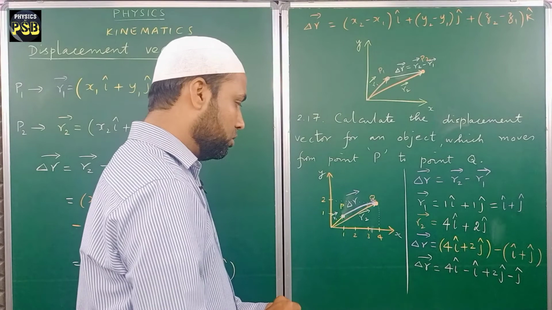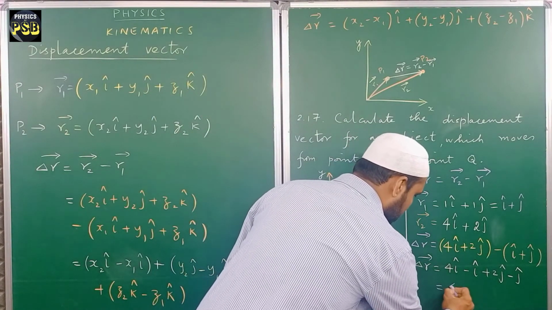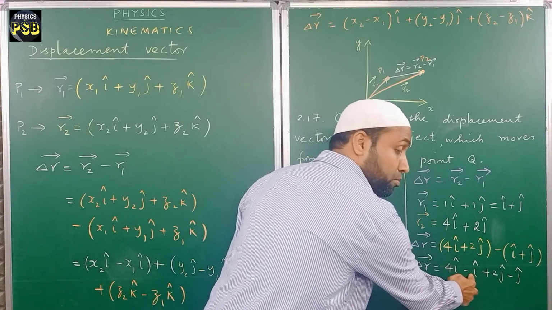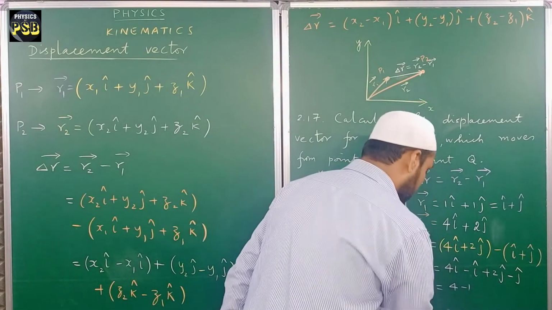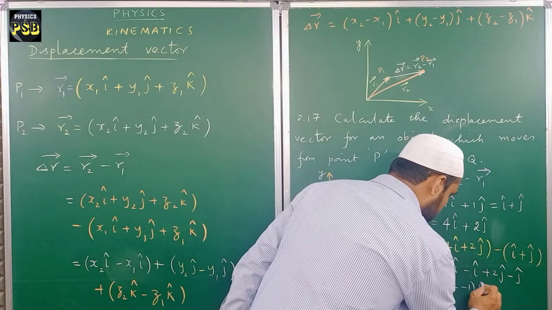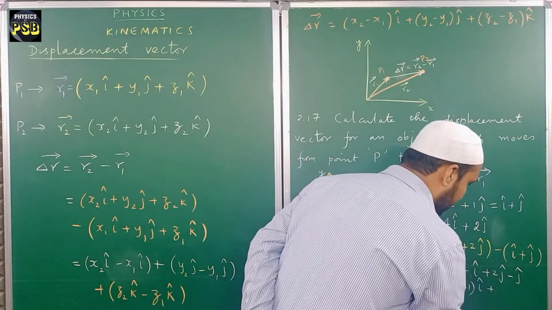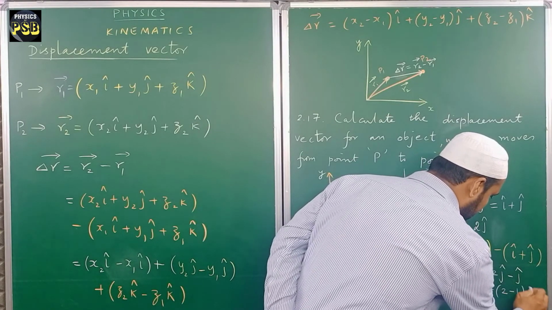Now I am going to simplify this. Here, if there is nothing beside I, it means it is equivalent to 1. Okay. So I is taken out in common. Similarly, here I take out j as common, j cap.